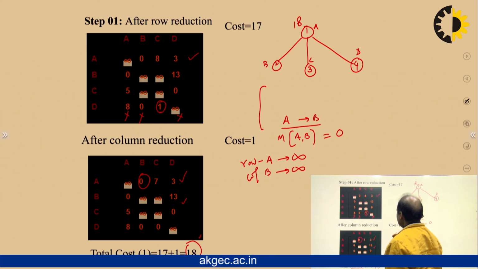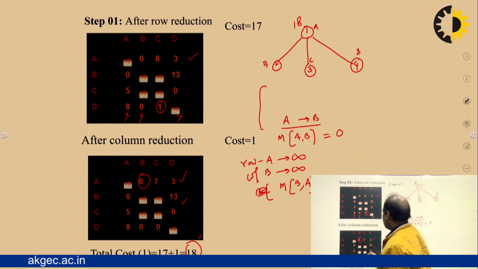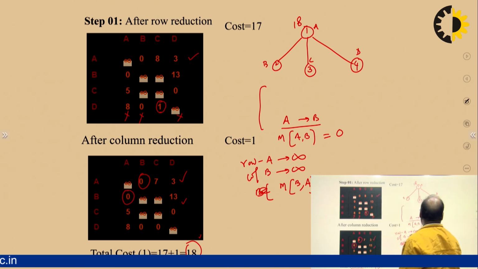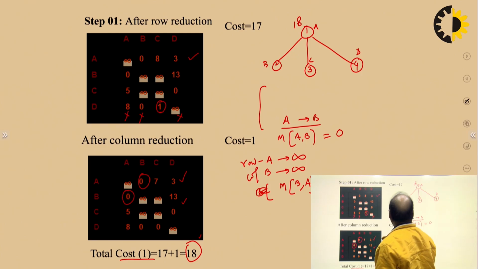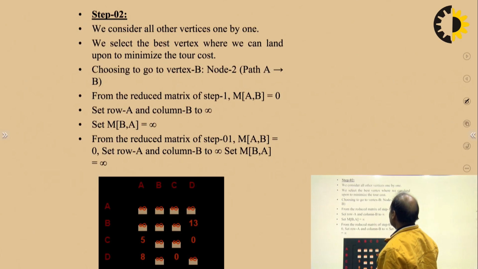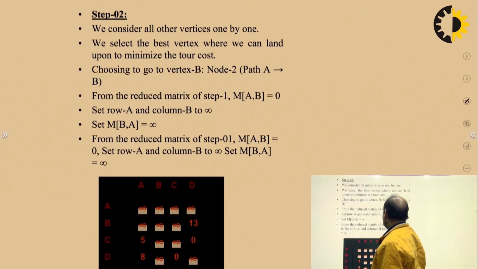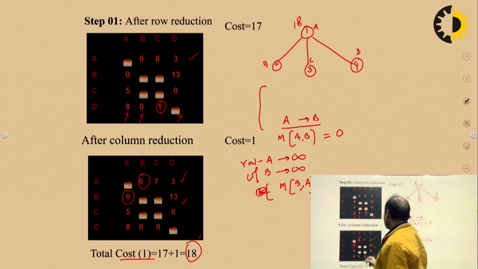Row A infinity, column B infinity, and then B to A. Definitely, if you go A to B, you are not going to come back from B to A. So B to A is also going to be changed to infinity. These are the transformations if you are interested in A to B. You see here, row A we made infinity, column B is infinity, the rest remain the same.